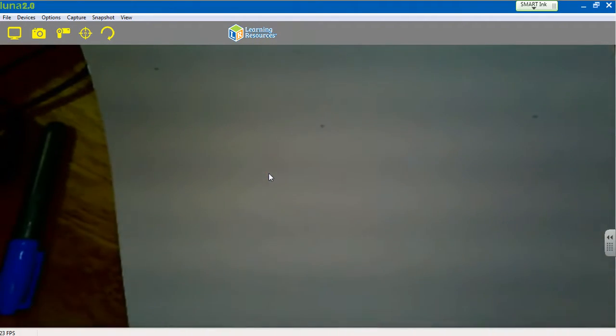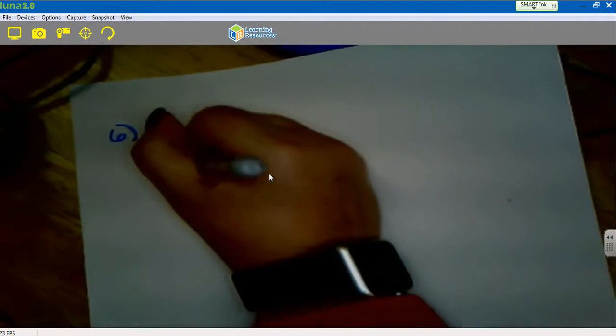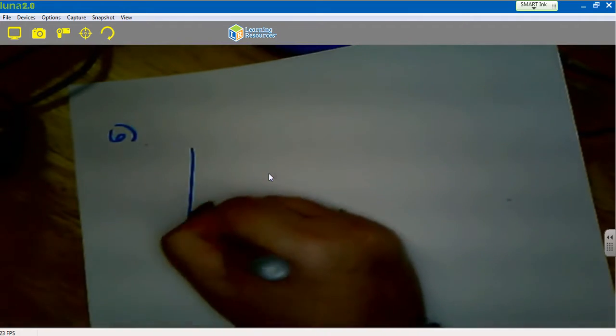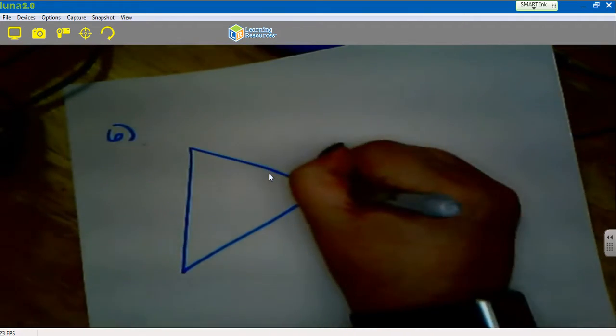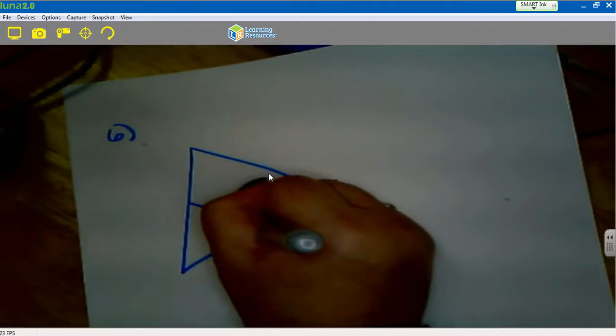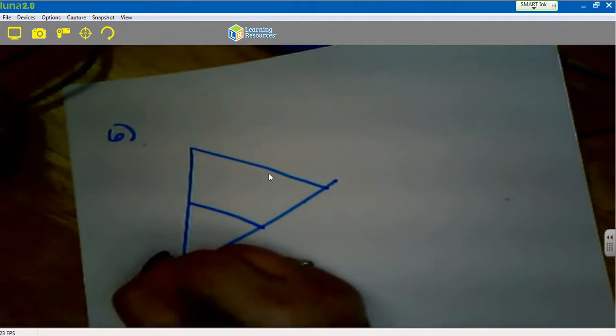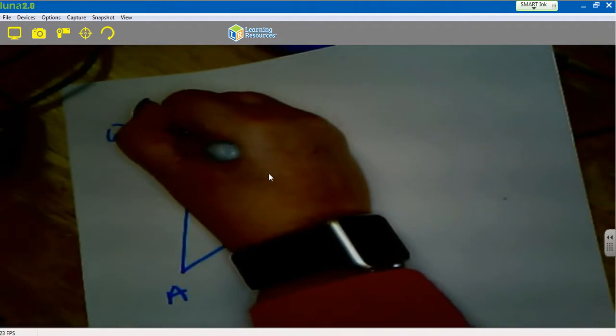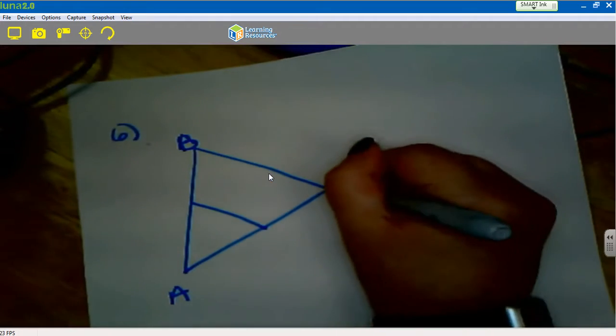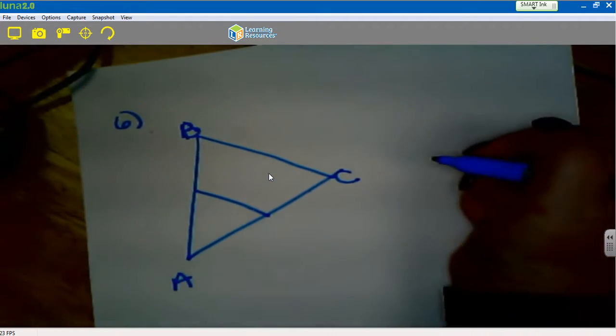All right, and finally, number 6. We have this triangle within a triangle here. We have this big triangle ABC.